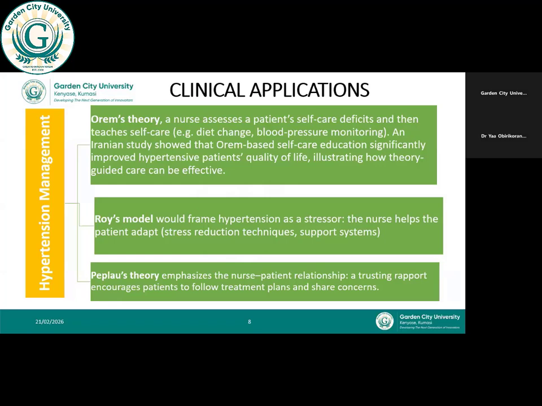Gertrude wants to know whether we will be expected to apply theoretical concepts in our examination answers, especially in clinical case scenarios. It depends.